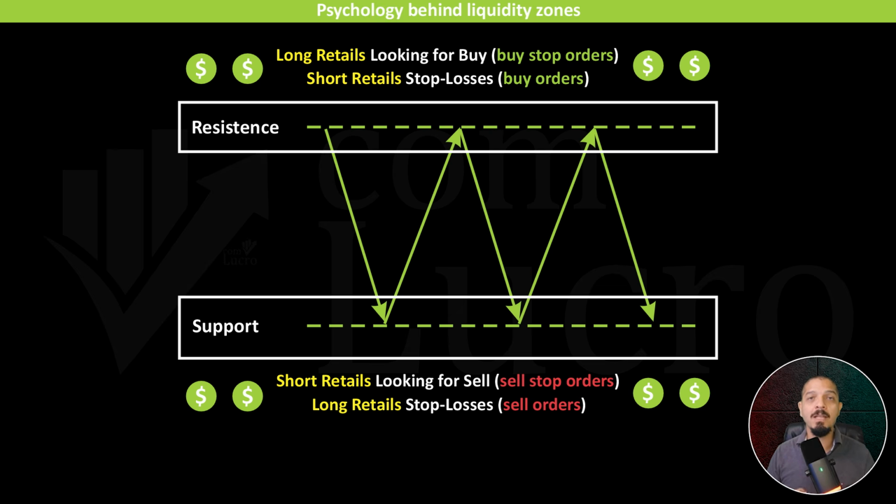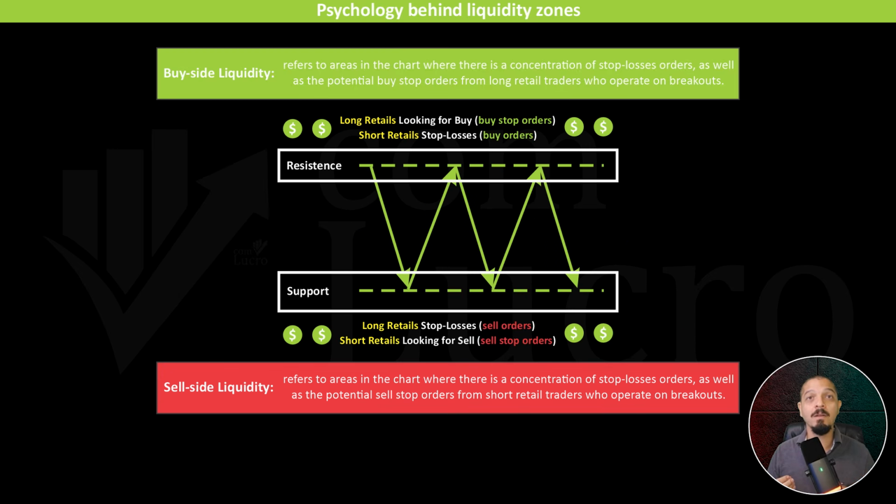This scenario creates a well-defined liquidity pool with various types of orders ready to be swept by the market, both above the equal highs and below the equal lows. Therefore, we have buy-side liquidity at the top of the phase and sell-side liquidity at the bottom. In essence, these concepts represent the same idea, but in opposite directions.